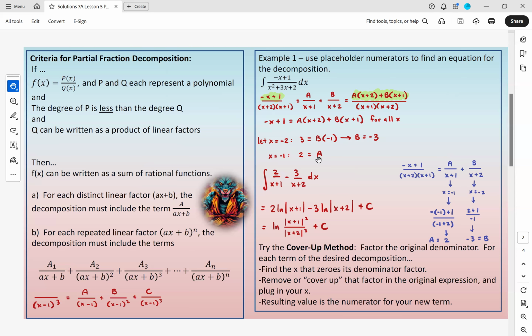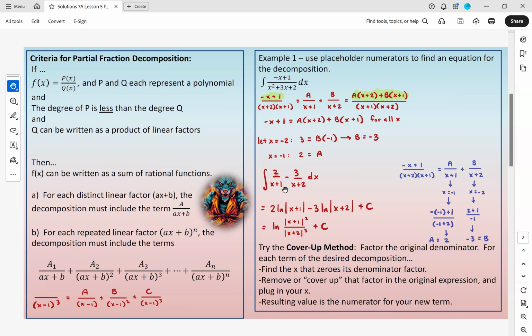So now that I've found these mystery a and b values to complete these numerators, I can update my entire integral. I'm going to take the same template from above. I'm going to use an actual 2 for a, negative 3 for b. And this is just a much nicer thing for us to integrate.